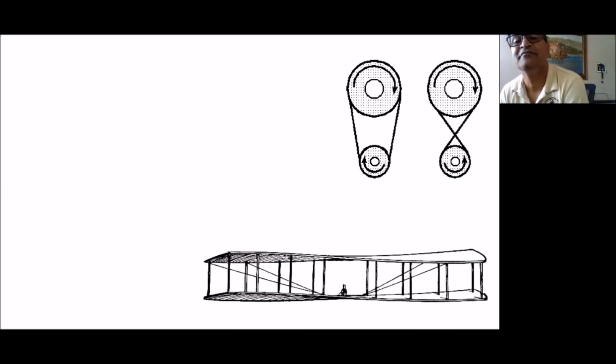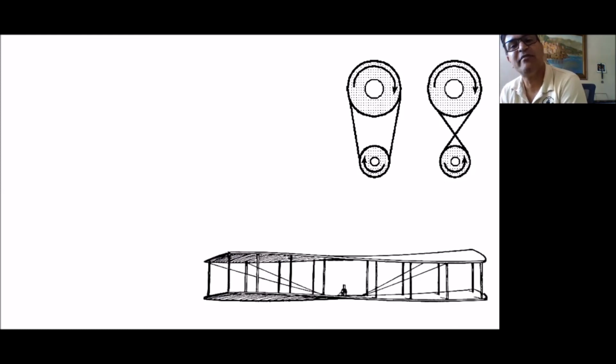The pulleys. One is rotating in one direction, and the other is rotating in the other direction. They just twisted that chain, and they got both rotating in different directions. So that's the creativity these guys had.